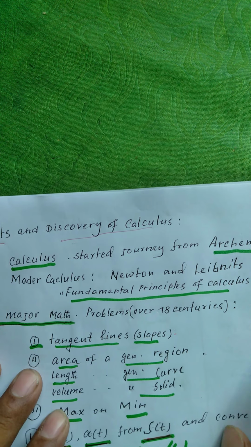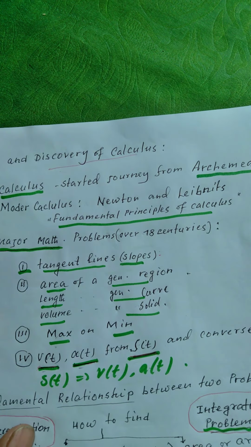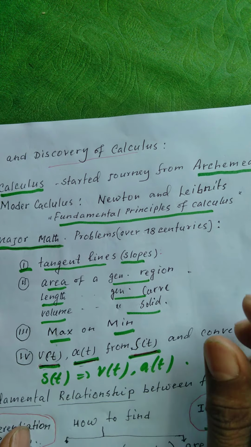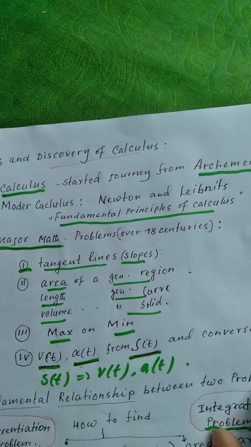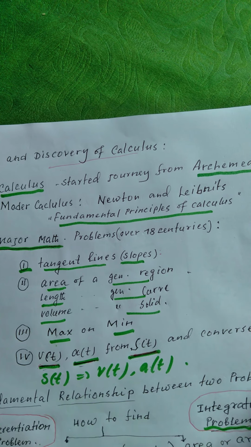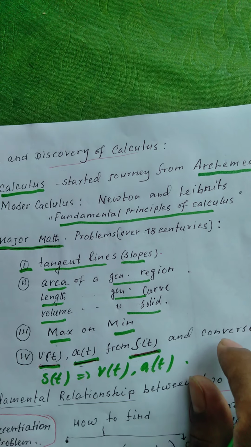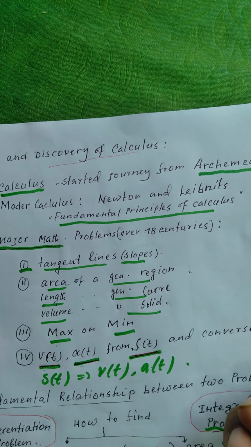But over the 18th century, this very crucial mathematical part was in fact undiscovered. Four major mathematical problems were undiscovered over the 18th century. In fact, significant development did not help.